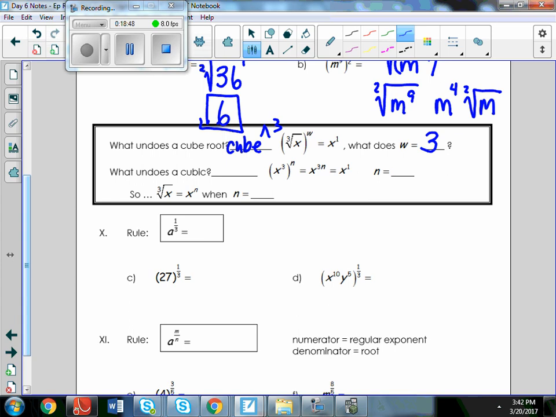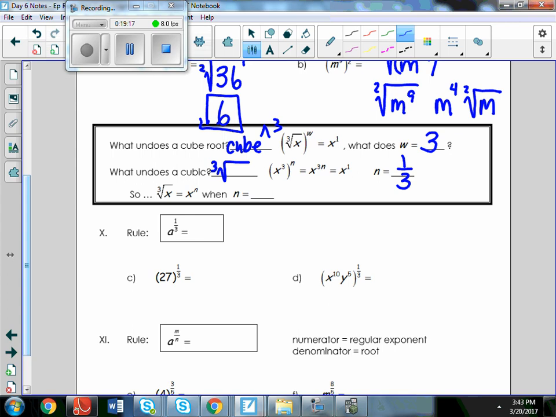If I raised it to the 3rd power, the cubed root of x times itself 3 times would give me the cubed root of x to the 3rd, which would make x to the 1. So a cubic, the opposite of a cubic, is a cubed root. And so if I wanted this to be a 1, what number would I multiply that 3 by? 1/3. Good. So I would multiply it by 1/3.